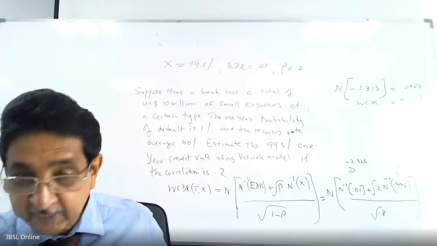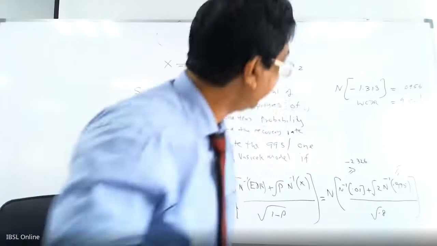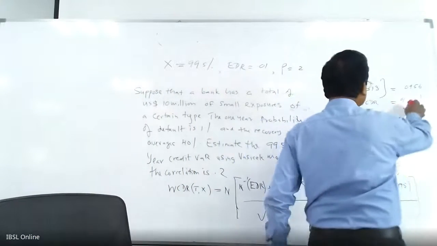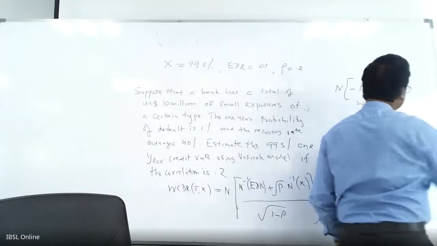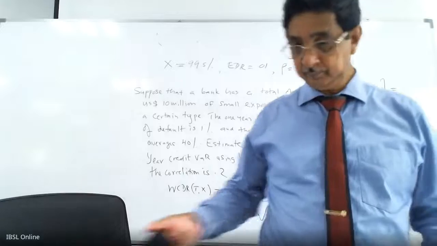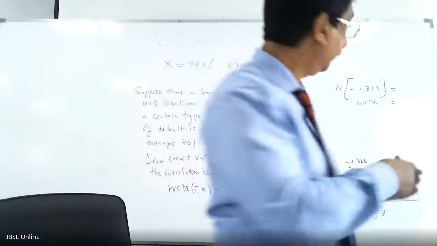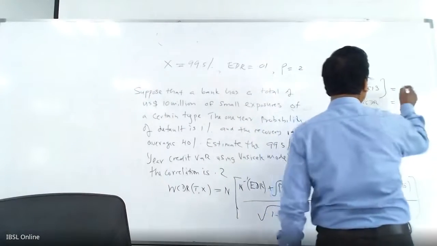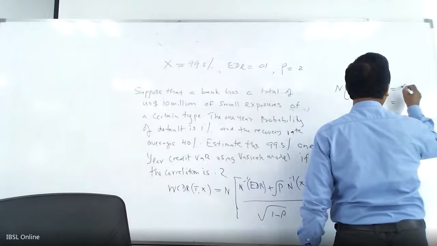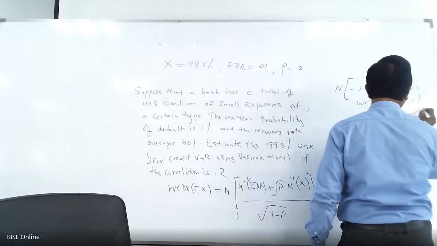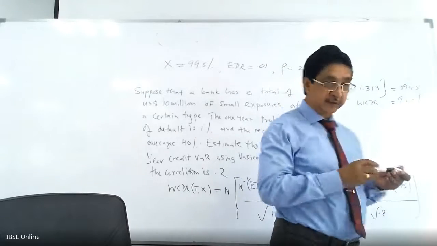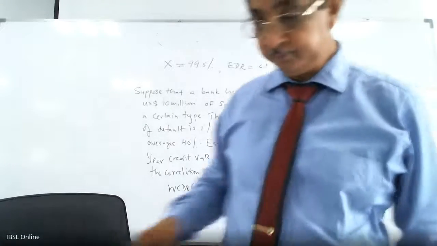That is the calculation which I have made. 9.45%. This is the worst case default rate for the portfolio.